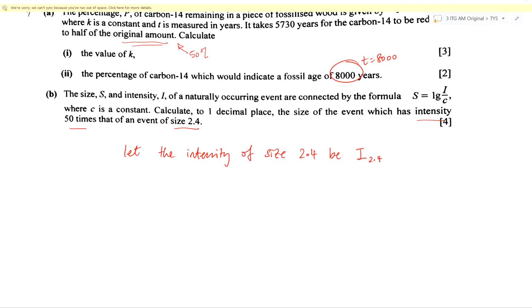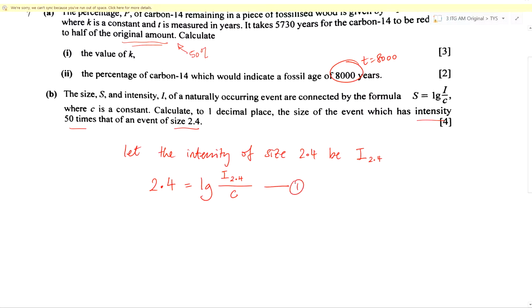So for this particular intensity, it has a size of 2.4. Plugging this into the equation, we have 2.4, which is the size, is log of the intensity that corresponds to the size of 2.4, divided by a constant c. So this is the first equation that we have.